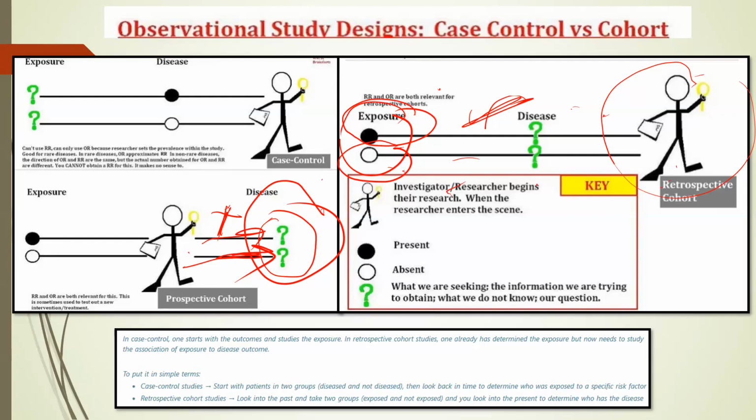If they mention that the investigator is dividing the groups into a diseased and a non-diseased group and then checking for exposure, then it becomes a case control. But if they mention that the investigator is categorizing the groups based on exposure to a particular risk factor or treatment regimen and then seeing the benefit with respect to a particular disease, the exposure is known but the disease is in question, then it becomes a cohort study.